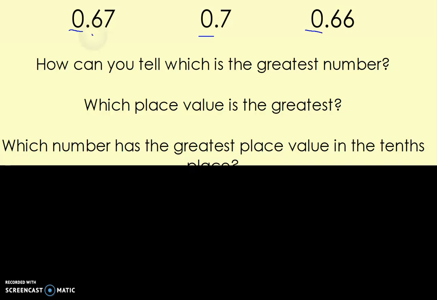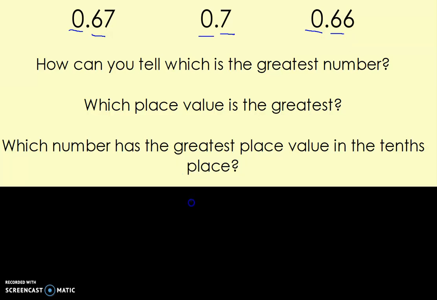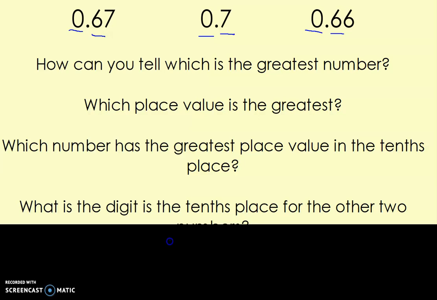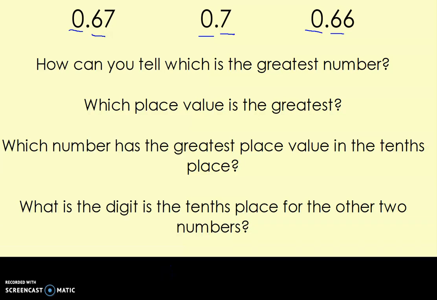The next to the right is the next biggest, and it is right behind the decimal, and that's the tenths place. So I have a 6, a 7, and a 6. So the 7/10 is greater than 6/10. So I can draw, I can use place value, I can read the number, I can think about money, and I can also make equivalent decimals.